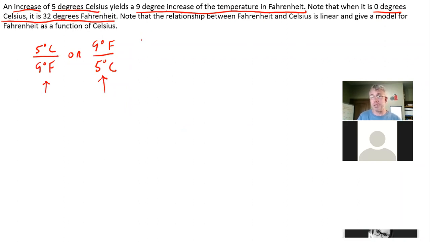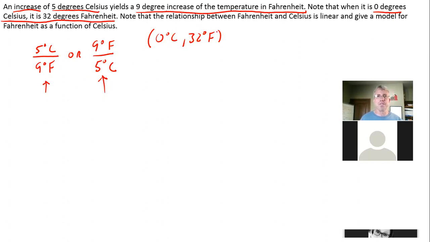That's the vertical intercept. If it was a generic model, we would call it the y-intercept. But I'm recognizing I have a vertical intercept, right? Because 0 degrees Celsius is corresponding to 32 degrees Fahrenheit. Anytime the input is 0, the output lands on the vertical axis.